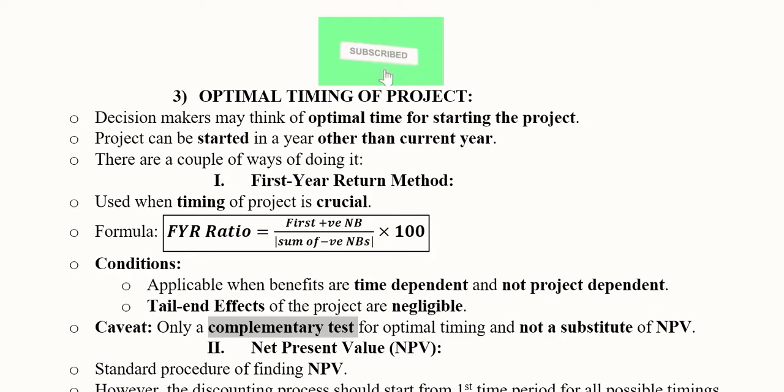The formula is here. We have to calculate a certain ratio, the first year return ratio, and in this we will write the first positive net benefit in the numerator, and then we will place the absolute value of the sum of the negative net benefits, and then we'll multiply it so that the ratio will become some sort of percentage.